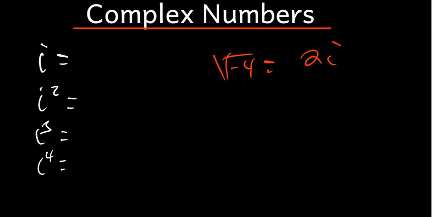Meaning that the moment I have the square root of negative 1, this is supposed to be i. The square root of 1 is 1, so the square root of negative 1 is 1i, which is just basically i. So i is just basically the square root of what? Negative 1. Okay?